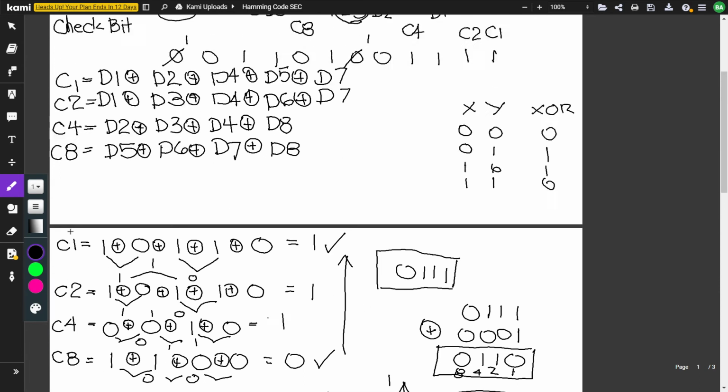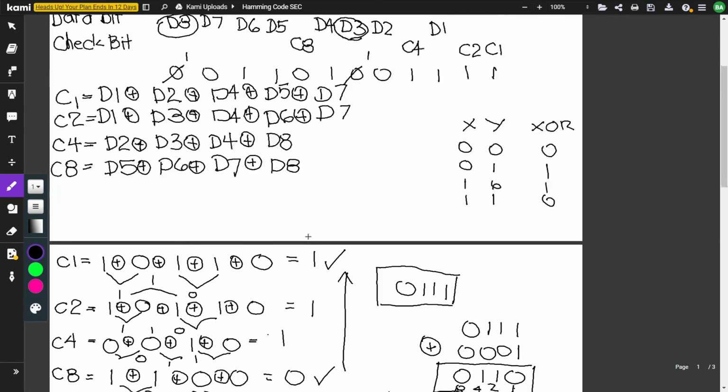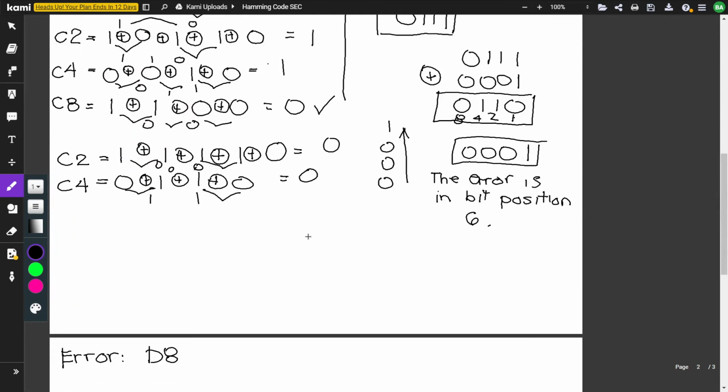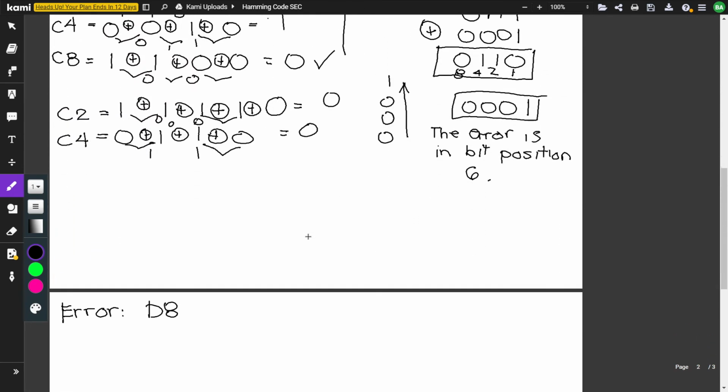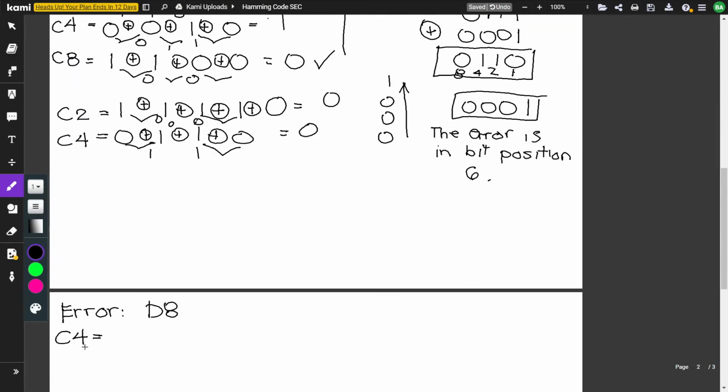And then let's see which of the check bits C1, C2, C4, and C8 is affected by D8. Actually, it is C4 and C8. Okay, so let's recompute C4. We have D8 on the last, so let's just change its value.